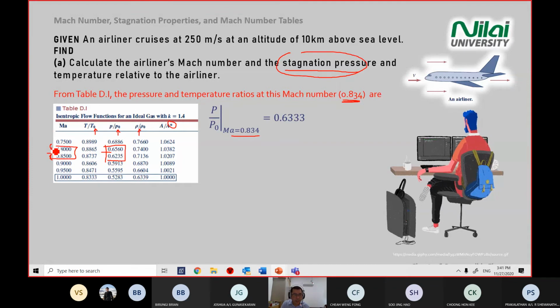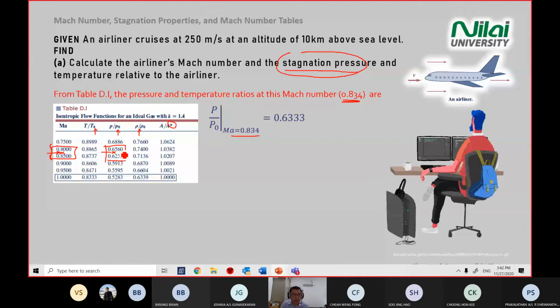You do interpolation using 0.834. You can use either 0.8 or 0.85 to find the value at this point. This point that I mark across here is for the Mach number, in our case 0.834. You need to do interpolation. There are mathematical interpolation steps you need to do.